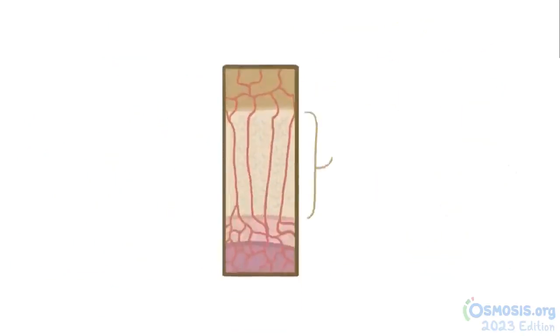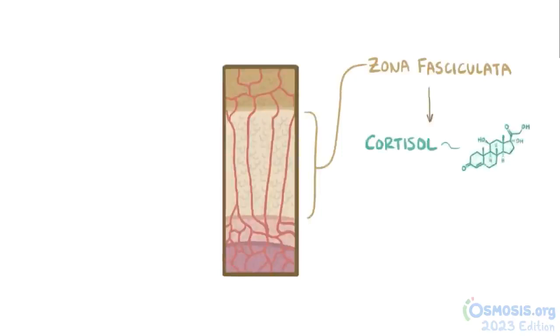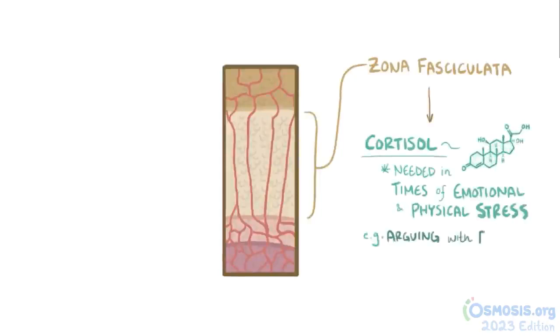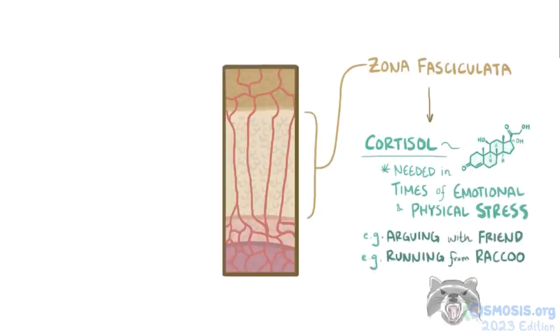The middle layer of the adrenal gland is the zona fasciculata, and the cells there make the hormone cortisol, as well as other glucocorticoids. Cortisol is needed in times of emotional and physical stress, like arguing with a friend or fleeing from a pack of raccoons.